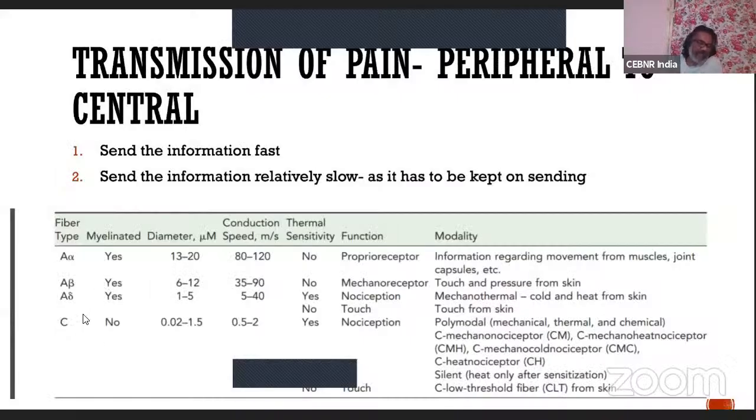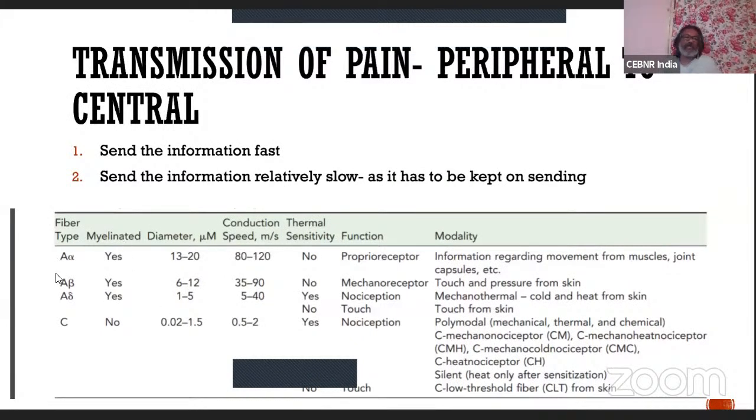That's how you want to understand the A delta fibers and the C fibers. If it is fast information, it has to be going through sort of insulated thin wires, if you will, the axons, which go at super speed to your lamina 2, lamina 1 of your spinal cord, right? At the same time, if you have a headache, the pain is there, keeping on going again and again.